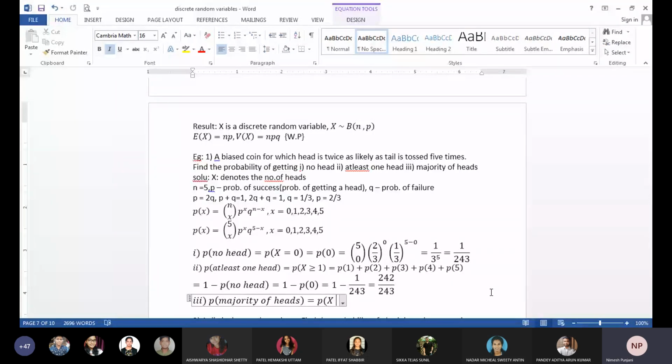When x is 3, how many tails? 2. When x is 4, how many tails? 1. When x is 5, how many tails?